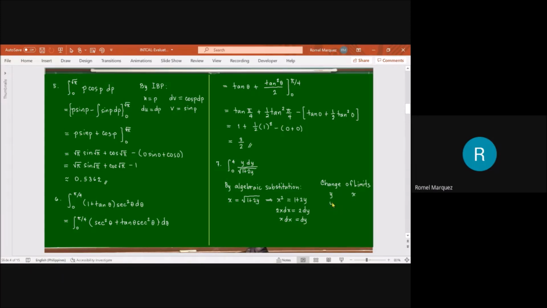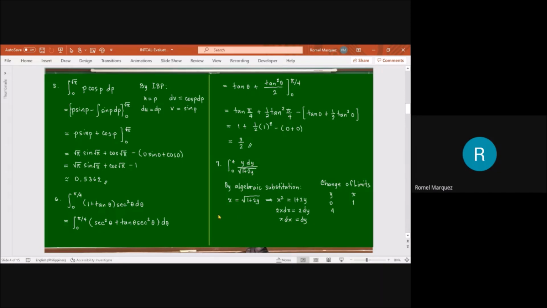So 0 and 4, lower, upper. Corresponding to 0, you go back to your representation here. X is equal to square root of 1 plus 2y. When y is 0, 1 plus 2 times 0 is 1. Square root, that is equal to 1. Am I clear, guys?